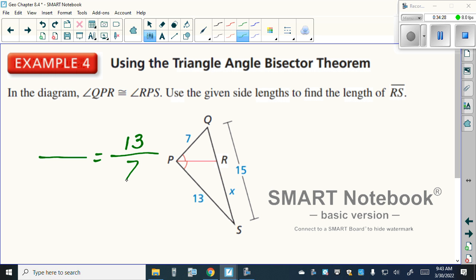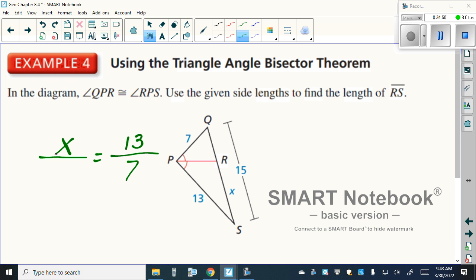Now, do we know what the length from S to R is? Yes, it's what? X, yes? So I can say that that is X. What's the length from Q to R? We don't know. But we did have one similar to this earlier, yes?